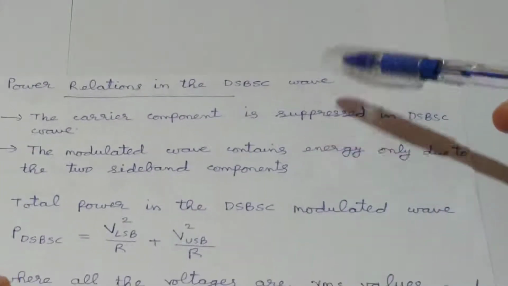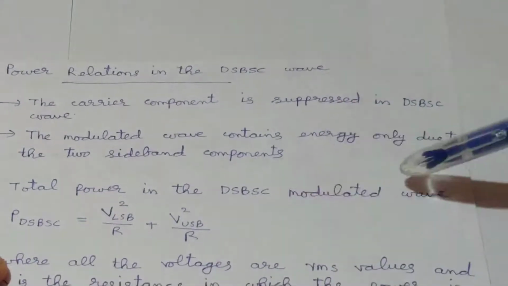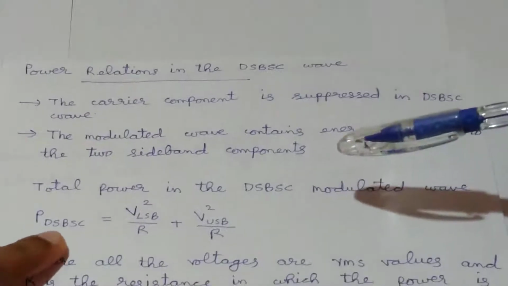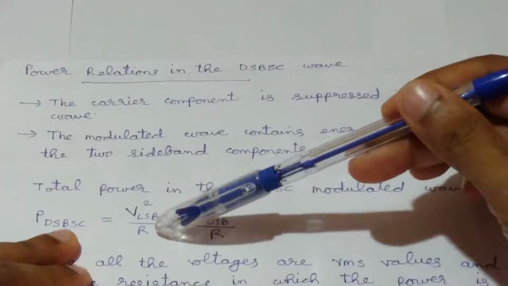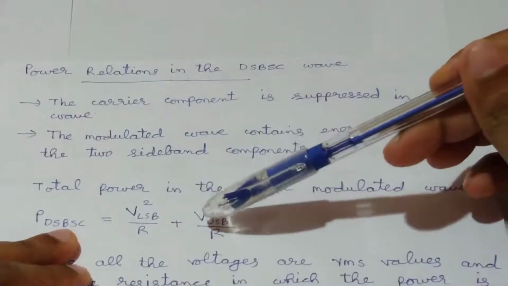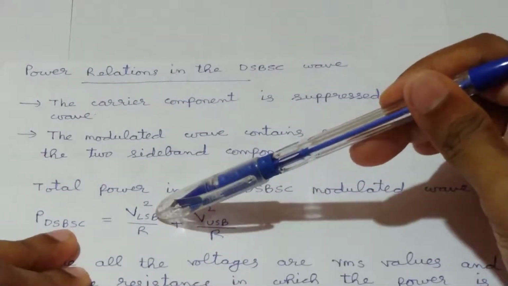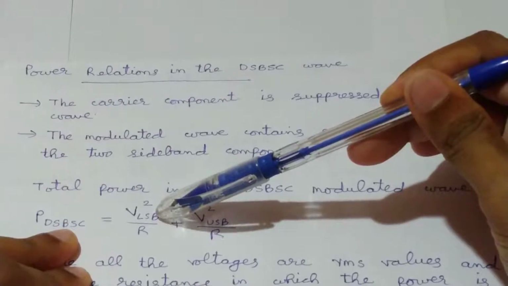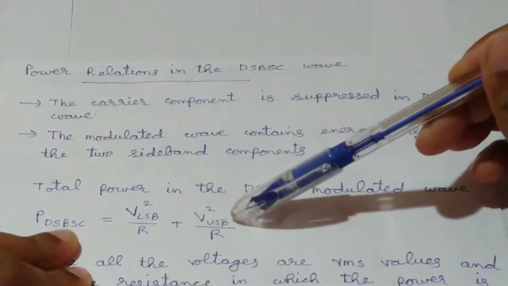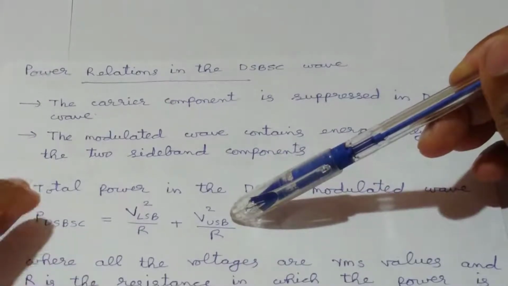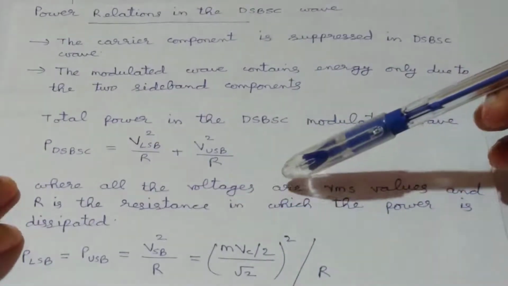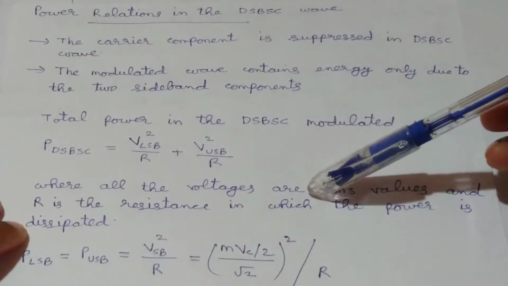So the total power in the double sideband suppressed carrier modulated wave is P DSB-SC equal to V LSB square by R plus V USB square by R. V LSB is the RMS value of our lower sideband component, V USB is the RMS value of our upper sideband component, and R is the resistance in which the power is dissipated.